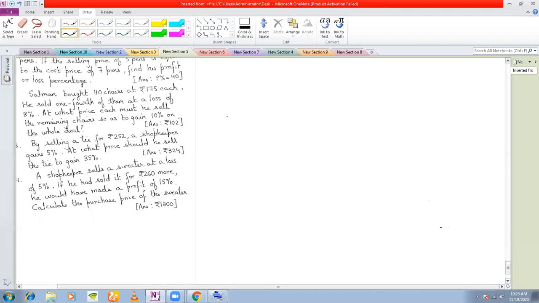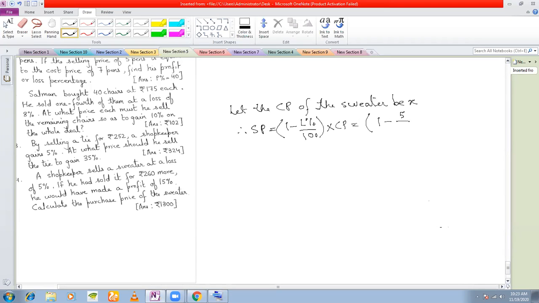So again, the cost price is not known. So I say let the cost price of the sweater be X. He's selling it at a loss of 5%. So how much is he selling for? 1 minus L% by 100 into cost price. Loss percent is 5.